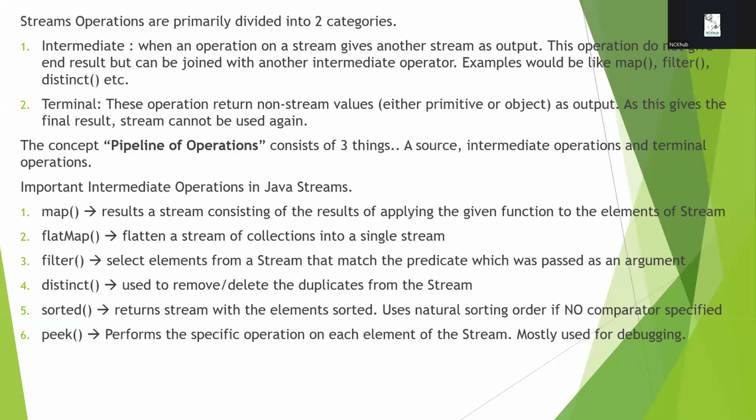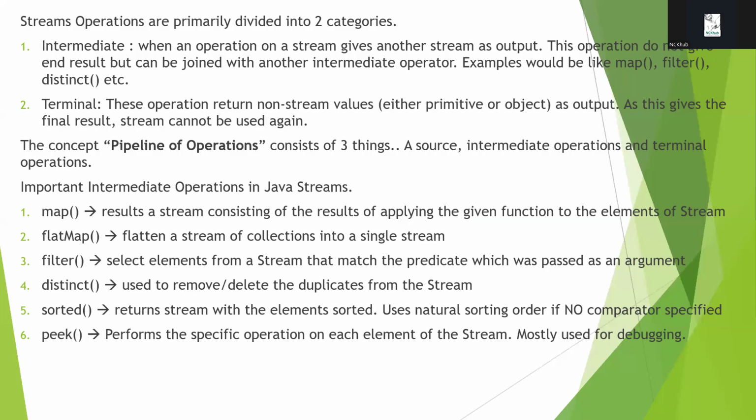A pipeline can have zero or more intermediate operations, but a terminal operation will be there for sure. The pipeline will always end with the terminal operation, and there will be a source for sure. Intermediate operations will be zero or more, depending on the requirement that we deal with the stream.